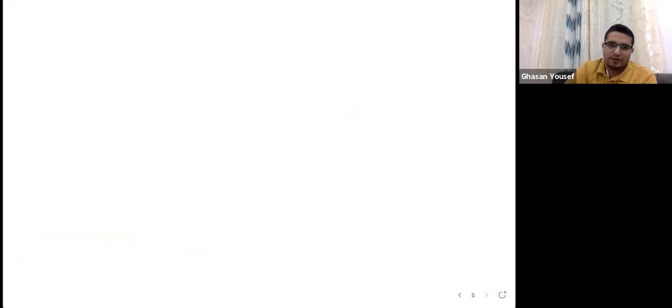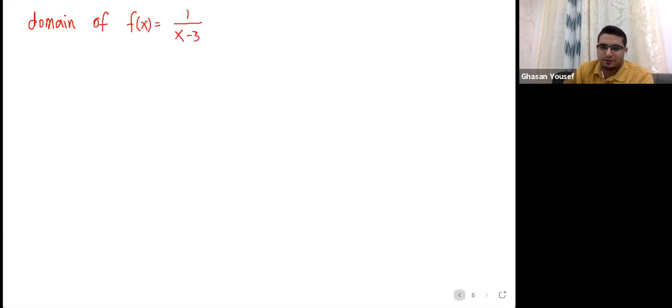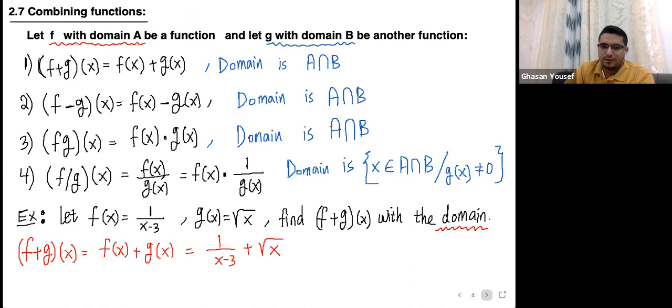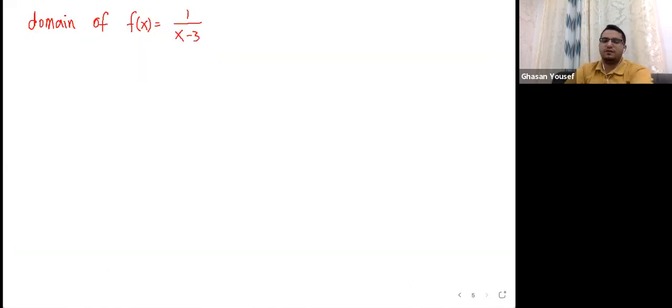So what is the domain of the function f of x equal 1 over x minus 3?